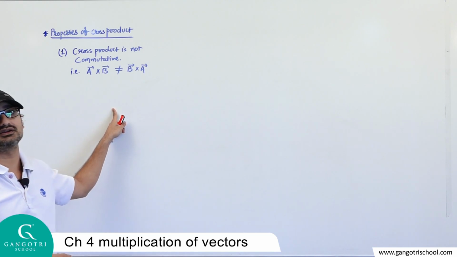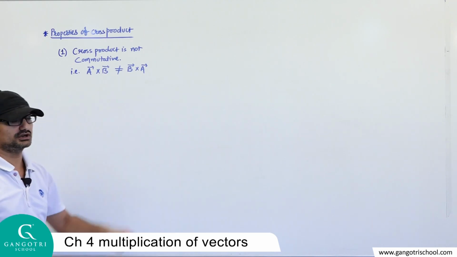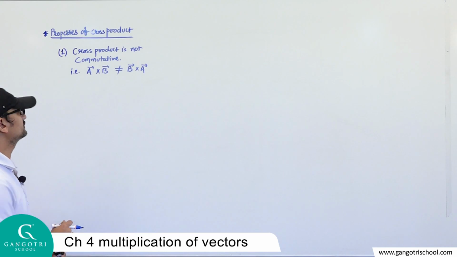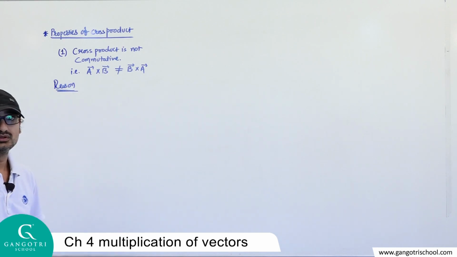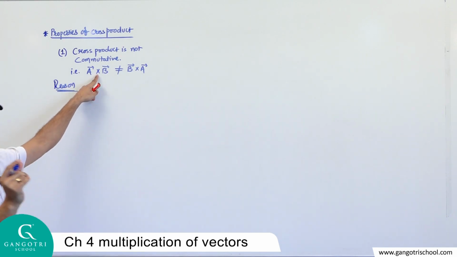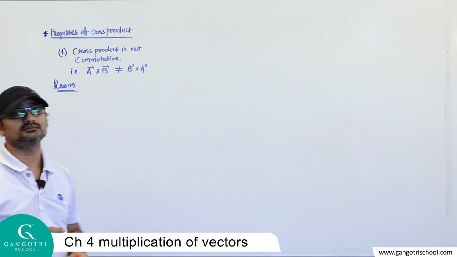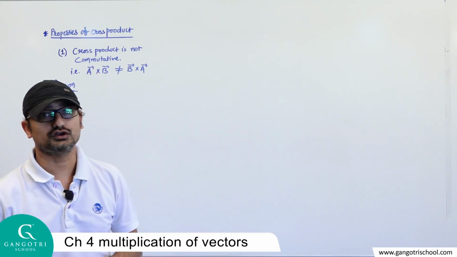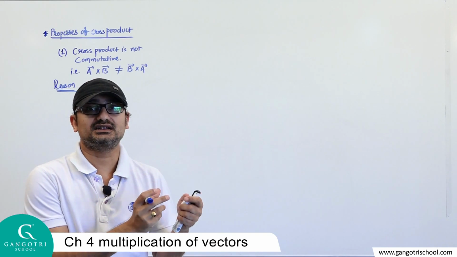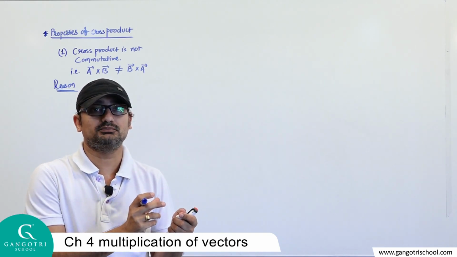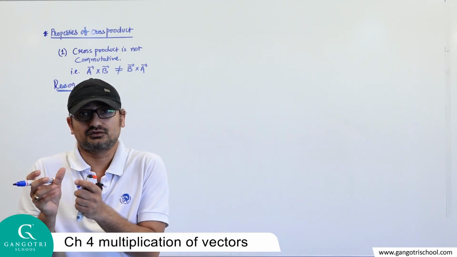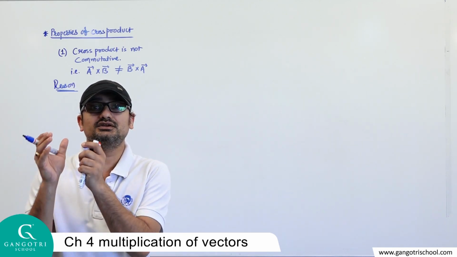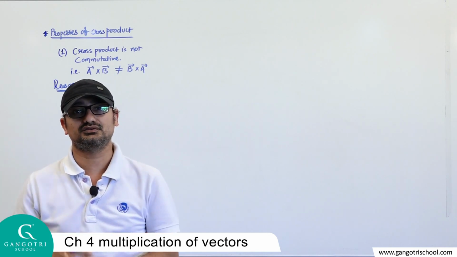Reason: you should remember one thing, the definition of cross product, that two vector physical quantities are multiplied, and the result is also a vector. And if the result is a vector, it means it requires magnitude as well as direction.